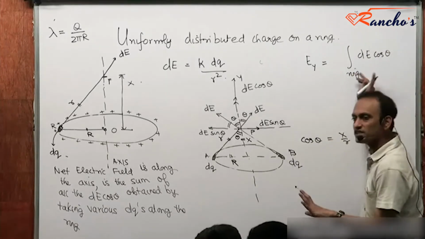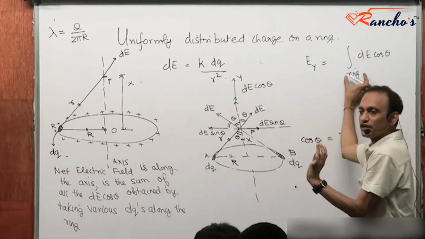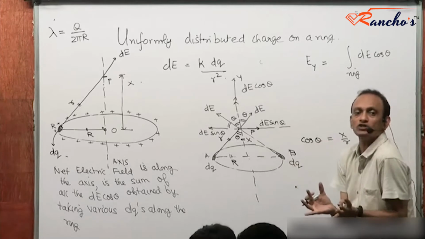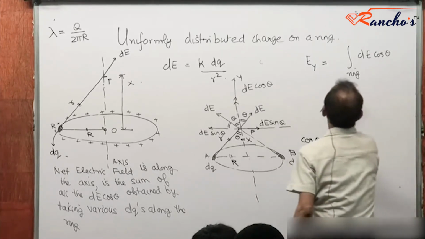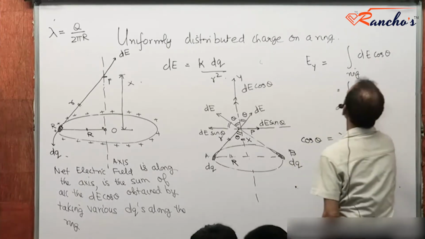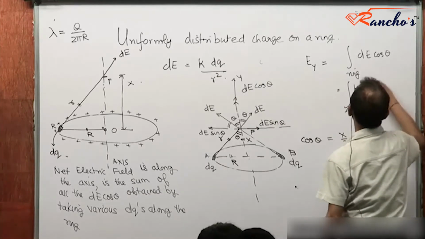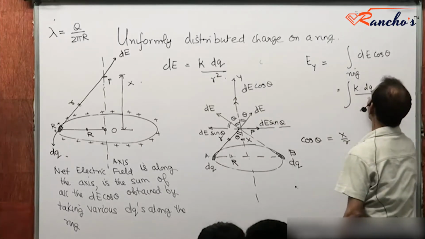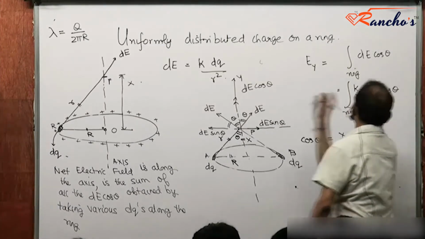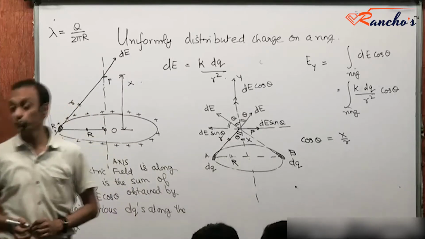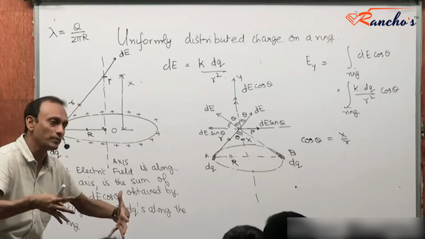Limits of integration would be such that all points on the ring are included. dE is K dq by r squared, times cos theta, taken for all points on the ring. This computation is to be carried out for all dq's on the ring and added up. This is what I'm going to do.